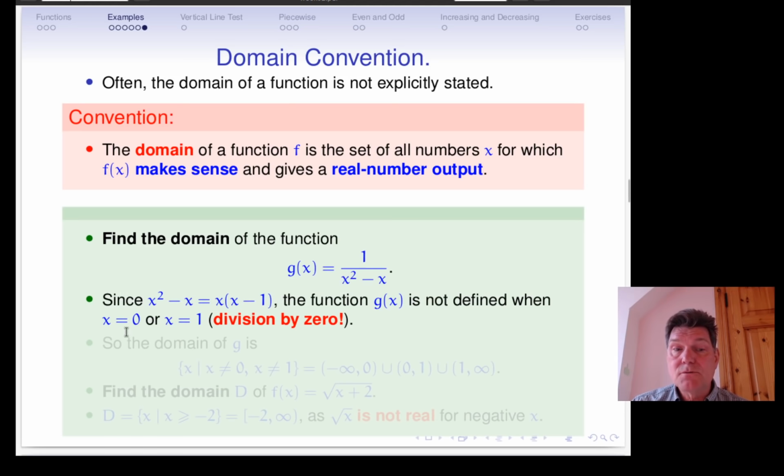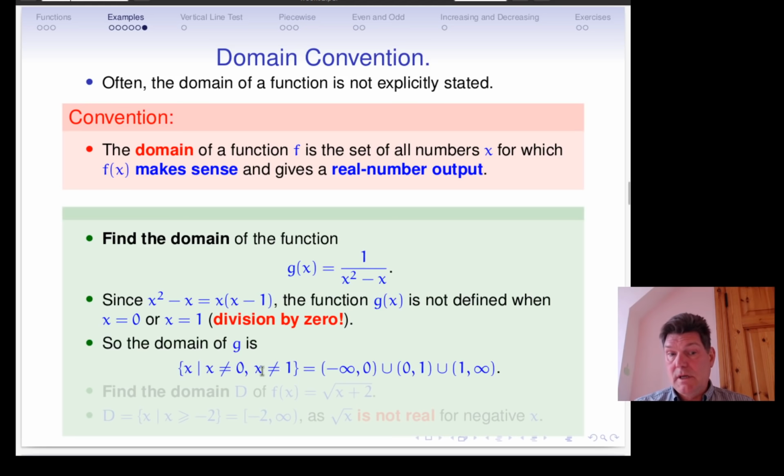These two choices for x cause a division by 0, which we must not do. So this function g of x is not defined at x equal to 0 and x equal to 1. So its domain is all the real numbers x that are different from 0 and different from 1, a set that can be specified in interval language as the union of three intervals: the interval from minus infinity to 0, the open interval from 0 to 1, and the open interval from 1 to infinity.